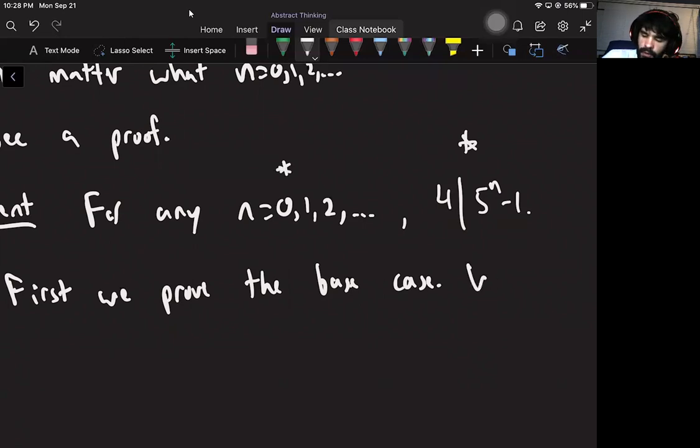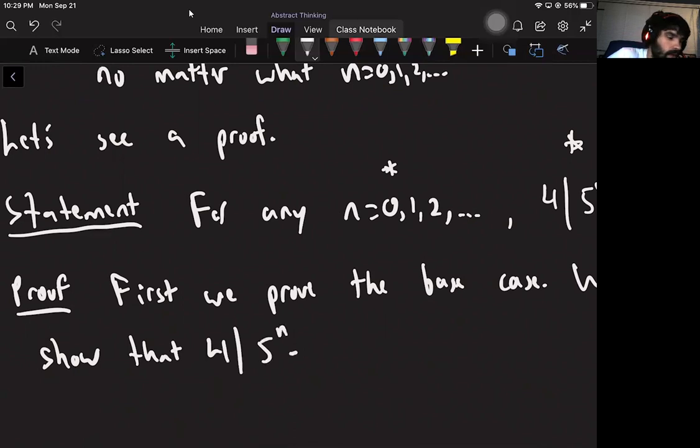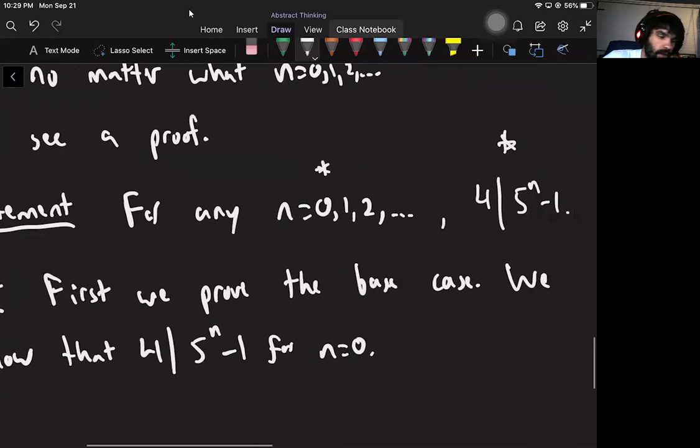So we have to show, and we're just plugging it in, doing it manually, that 4 divides 5 to the n minus 1 for n equals 0. We already did this earlier, but I'll just repeat it.